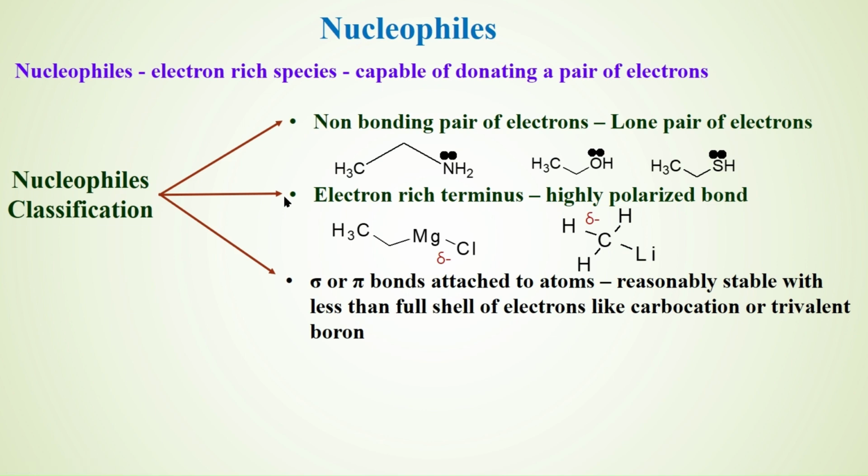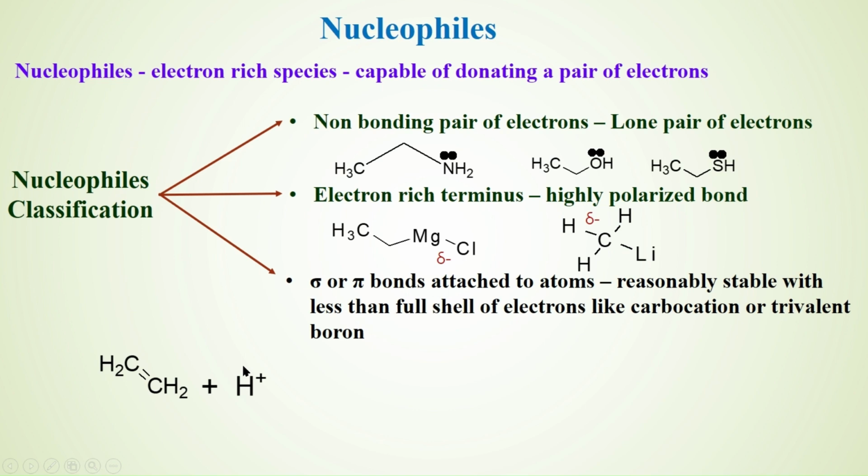The molecules having atoms which are combined with sigma bonds or pi bonds are another set of nucleophiles. For example, an alkene like ethene, in the presence of an electrophile, H plus.